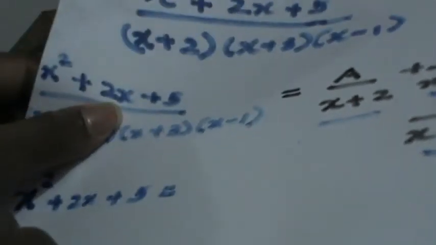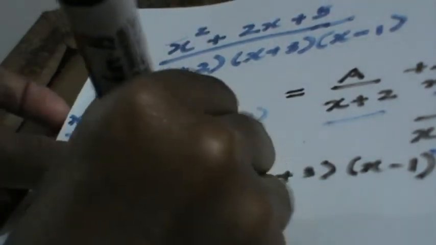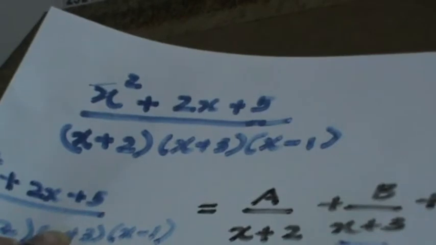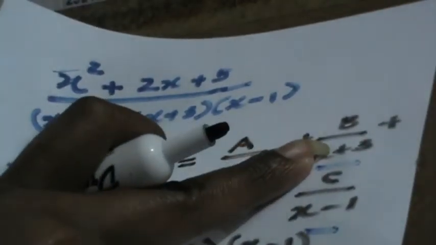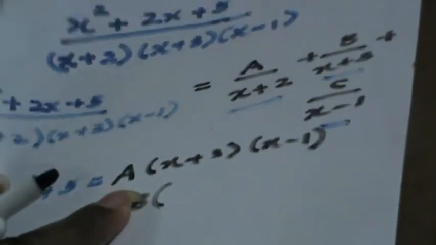So our first term on the right side will be a times x plus 3 times x minus 1, plus b times, now when you multiply b, the x plus 3 cancels off, so you remain with x plus 2 times x minus 1.